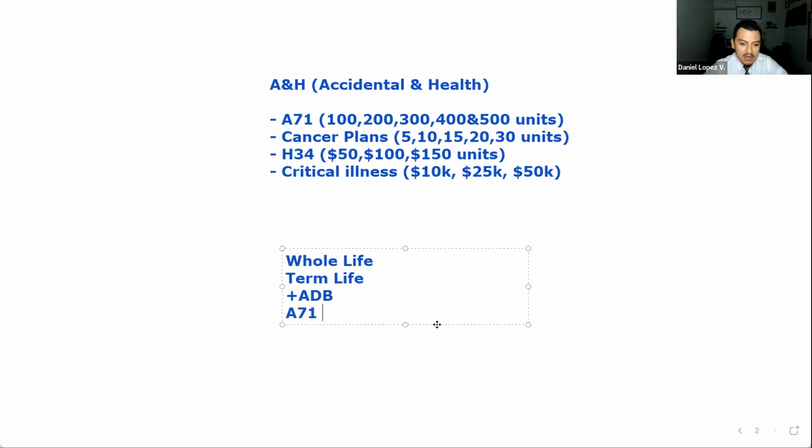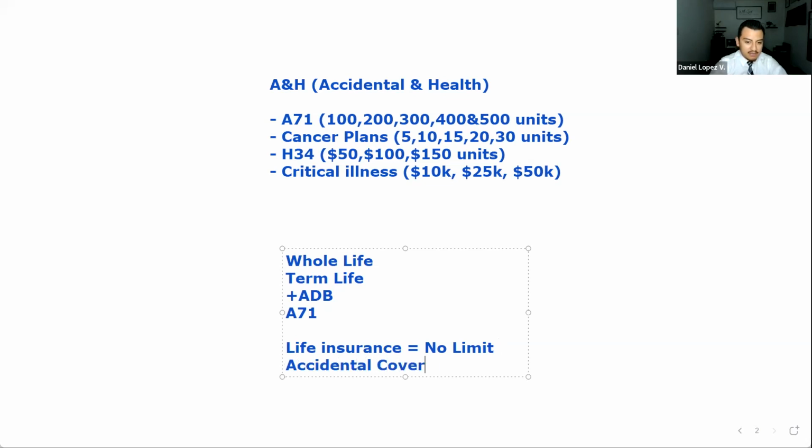Okay. There's no limit on how much life insurance you can get. Life insurance is both whole life or term, either way. There's no limit. There is a limit on how much accidental death coverage you can get.